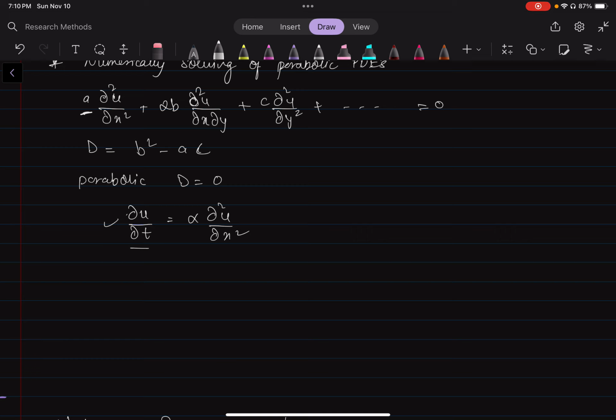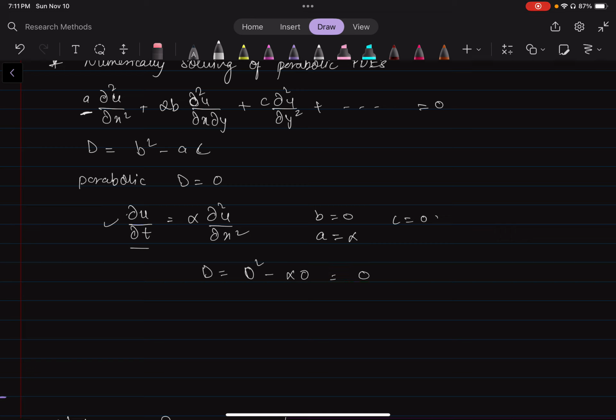If we take the coefficients here, b is equal to 0, a is alpha, and c is also equal to 0. So if we calculate the discriminant, we get 0 square minus alpha into 0, which essentially comes out to be 0.